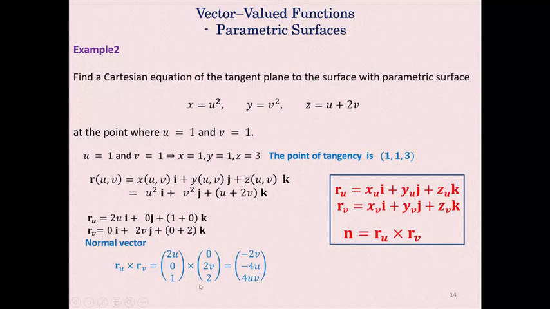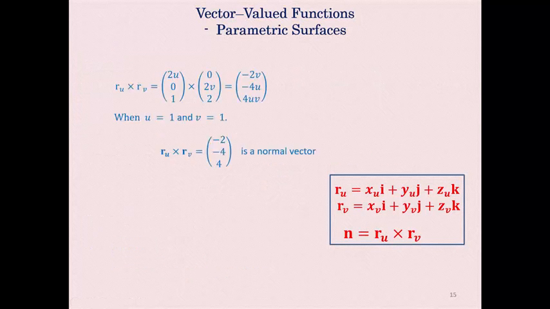And we take the cross product using the method I've just demonstrated. Since you are given u and v both equal to 1, we plug them into the normal vector to get a numerical vector. And this we know is a normal vector to the plane we are finding.